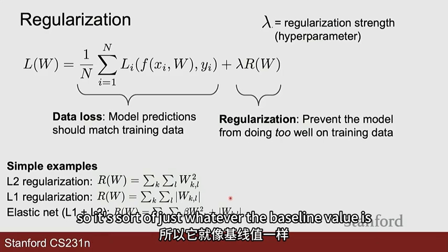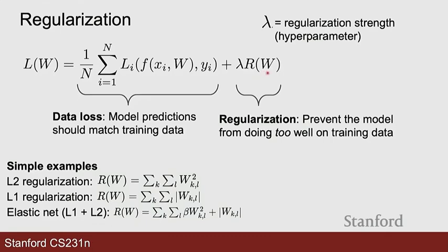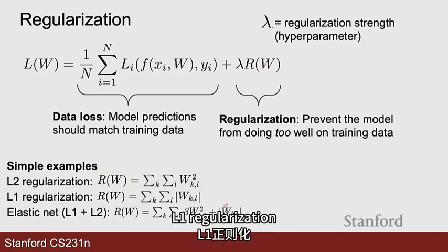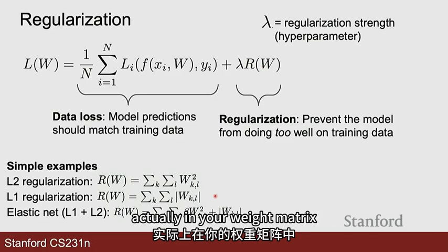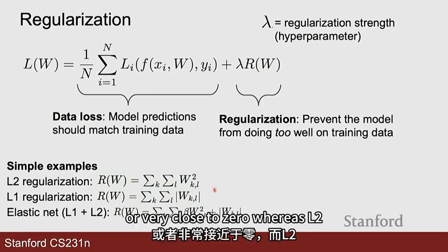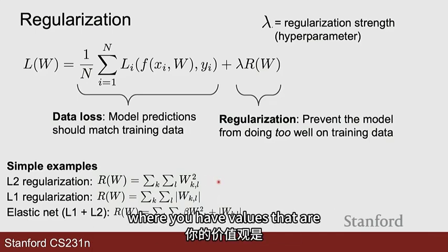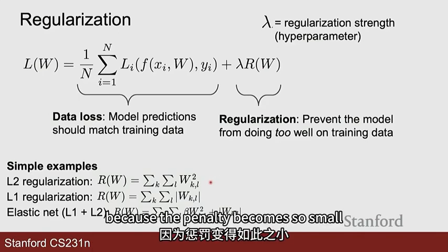So it's just whatever the baseline value was. It's not like it's getting smaller before you're computing this regularization term. So in practice, what this leads to is with L1 regularization, you get a lot more values that are 0 in your weight matrix, or very close to 0, whereas with L2, generally it's more spread out, where you have values that are small but non-zero, because the penalty becomes so small.